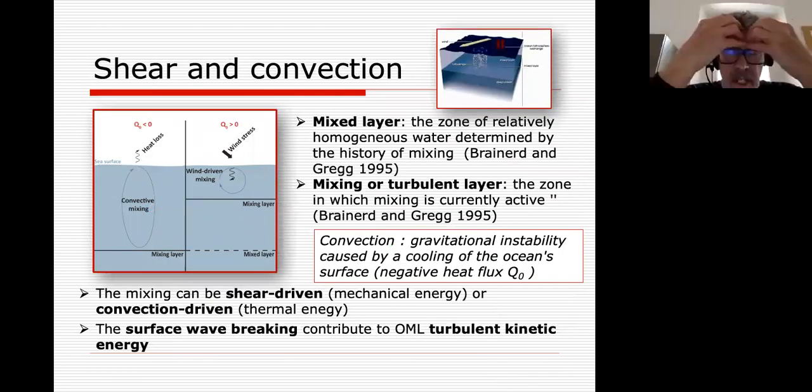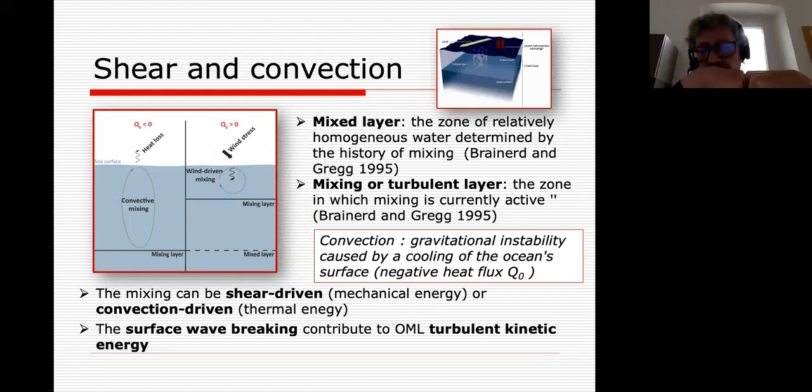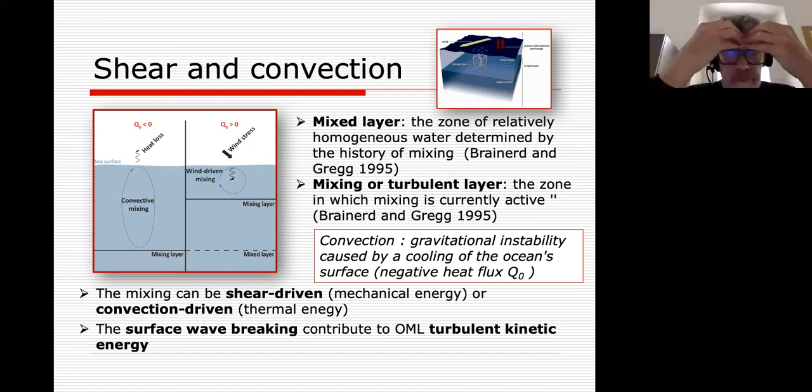Probably it's worth discussing a bit more the two different dominant processes that mix this layer. Brenner and Greg also pointed out that you could use even two different definitions.